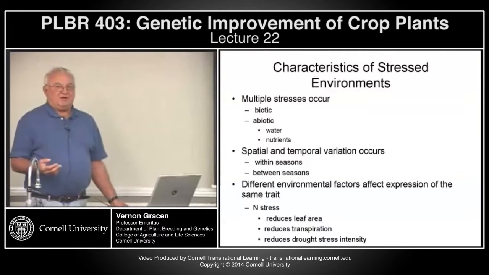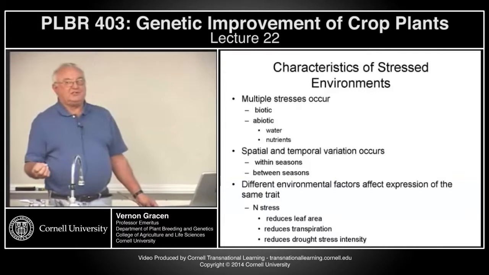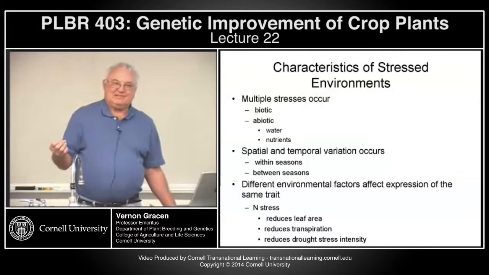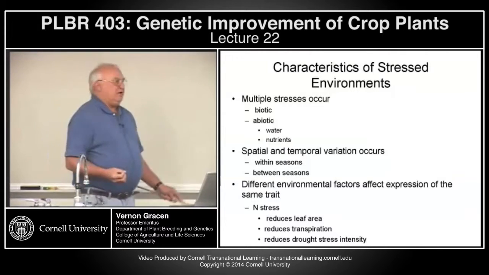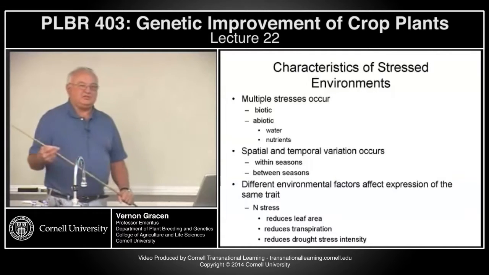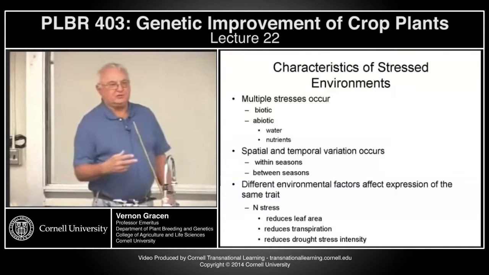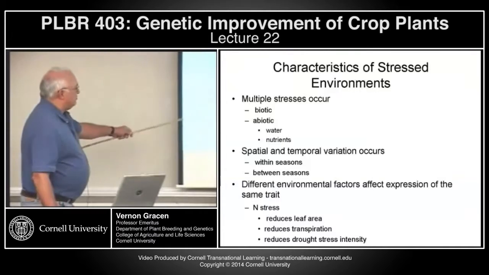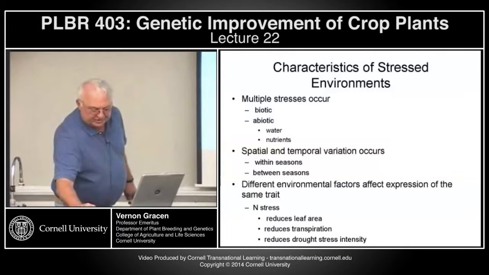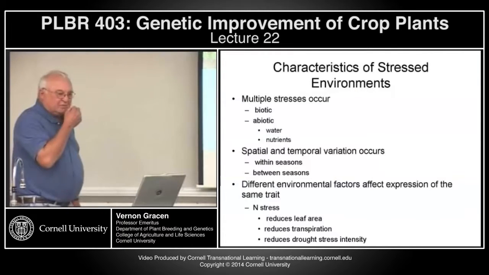Because if it doesn't have enough nitrogen to grow and develop, it doesn't need as much water. That doesn't mean that by breeding varieties that are sensitive to nitrogen stress, you're going to get drought tolerance. It just means that the major stress becomes limiting and affects the expression of those other stresses.